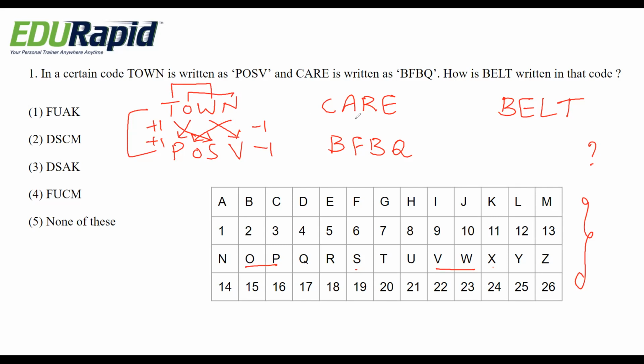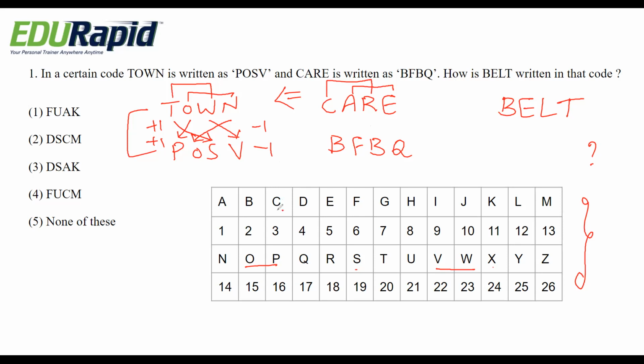Okay, similarly for CARE, you have to follow the same pattern as TOWN. So for A and E, is it increasing or decreasing? Let us see. First and third are preceding.